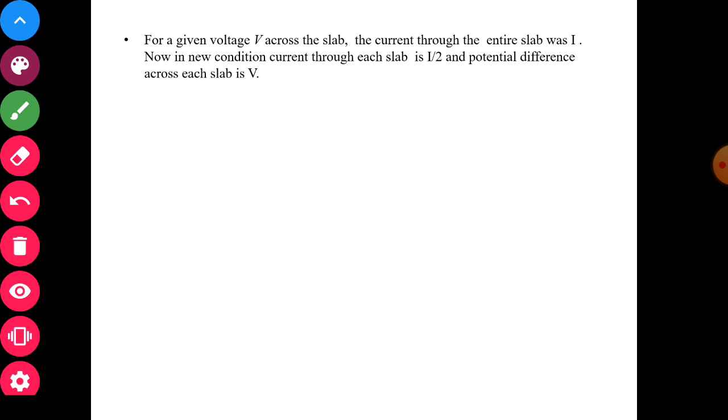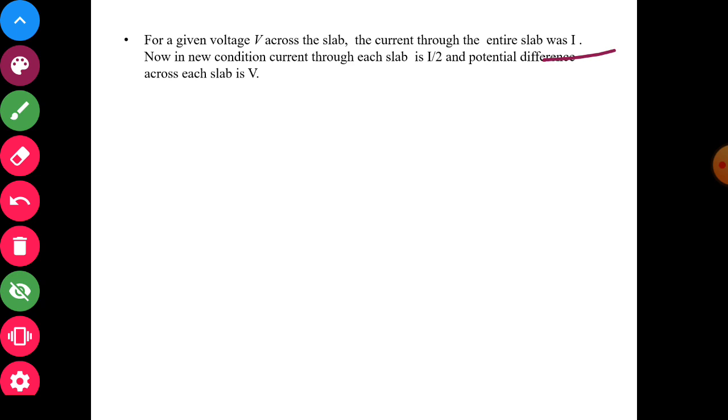So for a given voltage V across the slab, the current through the entire slab earlier was I. In the beginning, if you had the entire slab of area A, only one slab, then the whole current was passing through that particular slab, and that current was I.